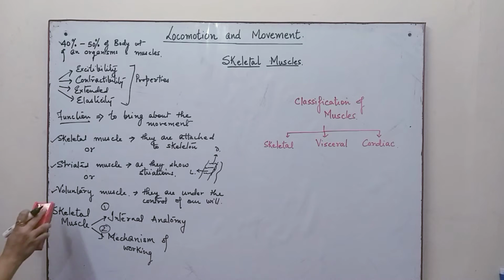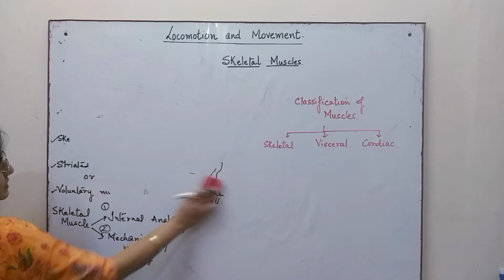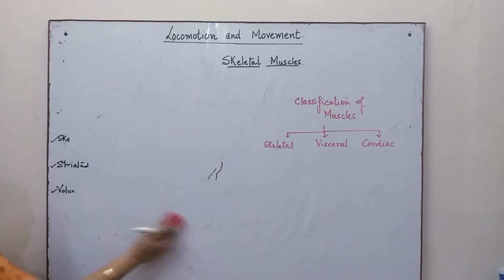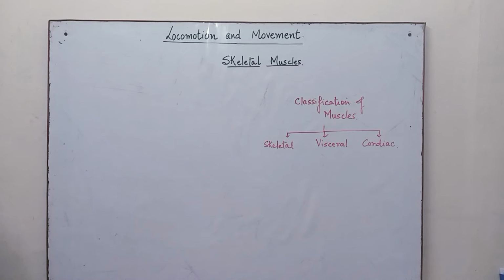Now first let us begin with the internal anatomy. Let us try and understand how and why these muscles are able to perform various kinds of movements.